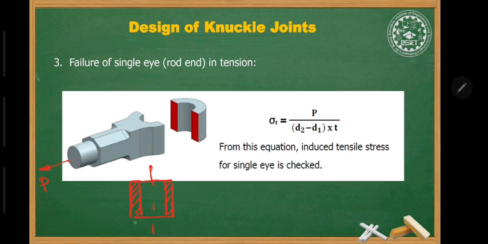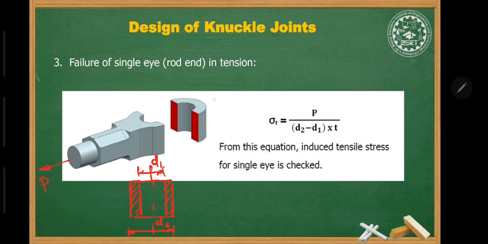This is our external diameter, that is d2, and this is our internal diameter d1. So this d2 is nothing but the outer diameter of the eye, and d1 is nothing but the diameter of the pin hole.